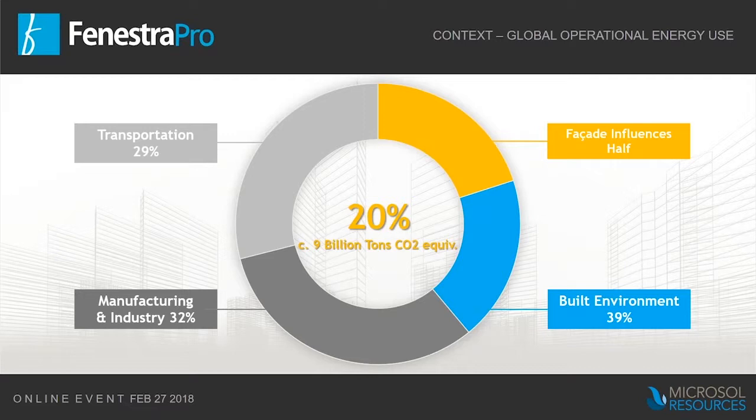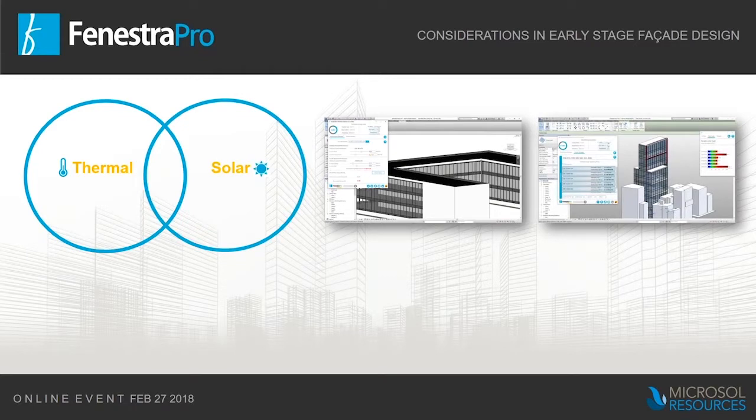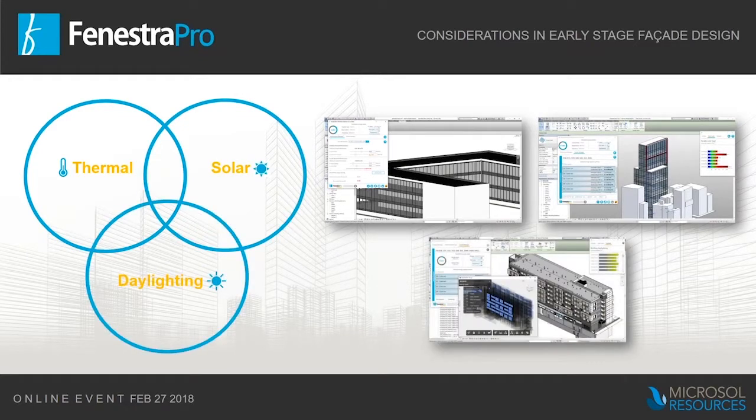So there's a lot we can do about that with regards to the performance of the building: design buildings better and make some earlier decisions driving towards a better performing building. One of the best ways we can do that is around the passive design elements of the facade. I'm talking particularly about the thermal, the solar heat gain, and the daylighting considerations of the facade.